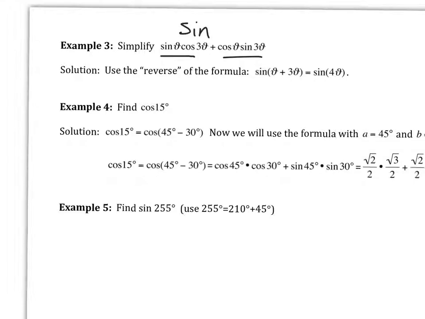The reason is, remember, sine goes sine, cosine, cosine, sine, whereas the cosine ones go cosine, cosine, sine, sine. So when you have a mix, that's a sine. If it's a plus, remember we said it stays the same, so this becomes sine of theta plus 3 times sine of 3 theta, therefore it's just sine of 4 theta. All they're doing there is going backwards, the other direction.